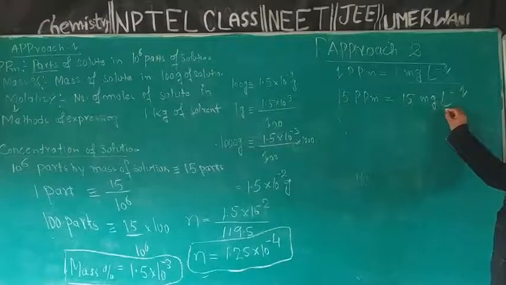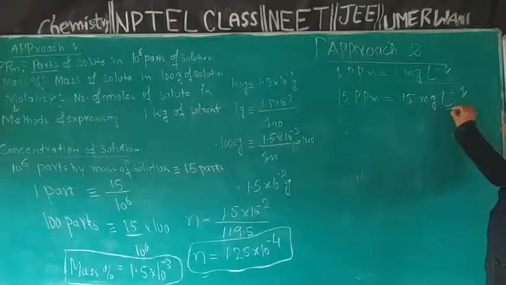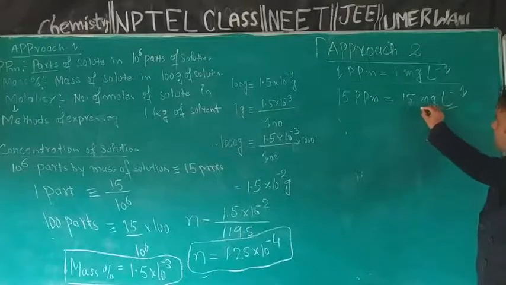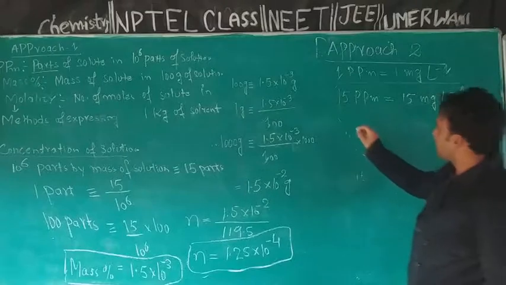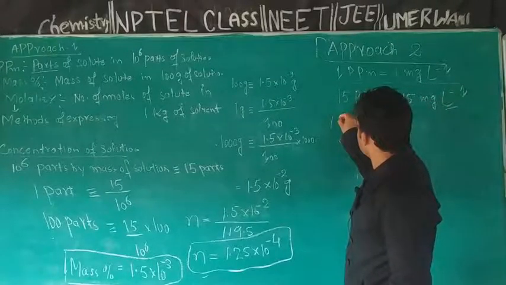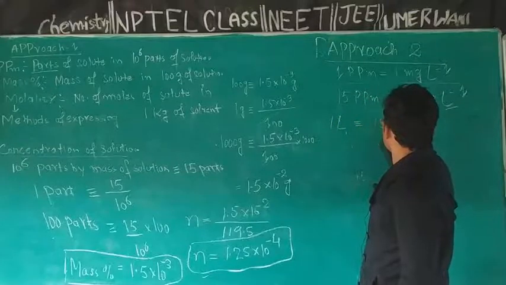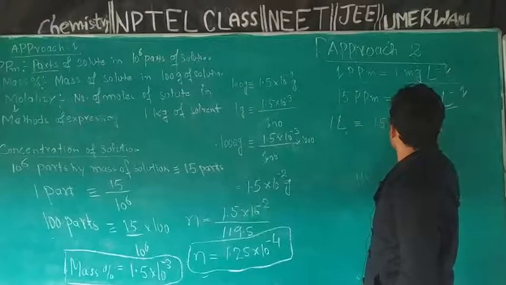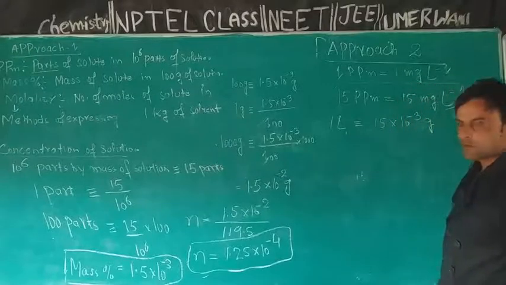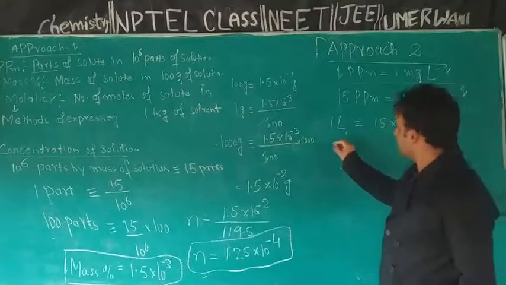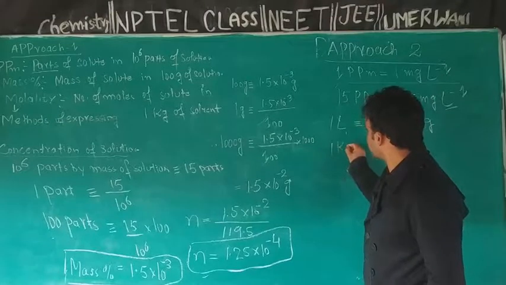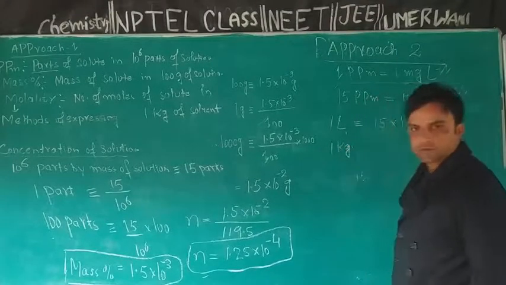Now see, from here I will take this information that 1 liter or 1 kg or 1000 grams contain 15 mg of solute. 1 liter contains 15 into 10 raised power minus 3 grams. Instead of 1 liter I can write 1 kg because solution is dilute.